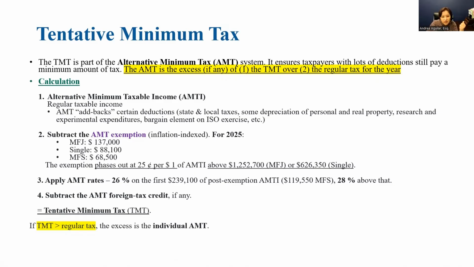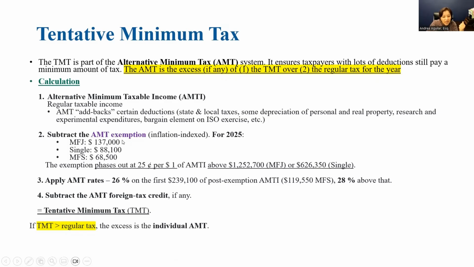For single taxpayers, the amount is $88,100. For married filing separately, the amount is $68,500. So again, we are going to start with your regular taxable income, and we're going to subtract this exemption amount depending on your tax filing status.